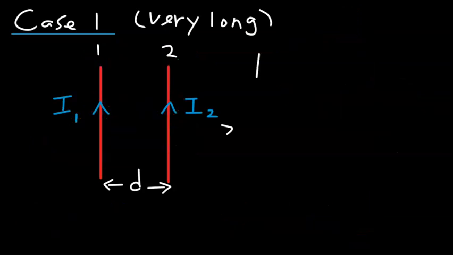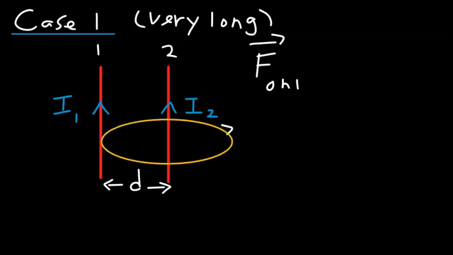Now let's look at the force on conductor 1 due to the magnetic field produced by conductor 2. The magnetic field produced by conductor 2, or the current I2, at the location of conductor 1 will look something like this. We note the direction of the magnetic field.